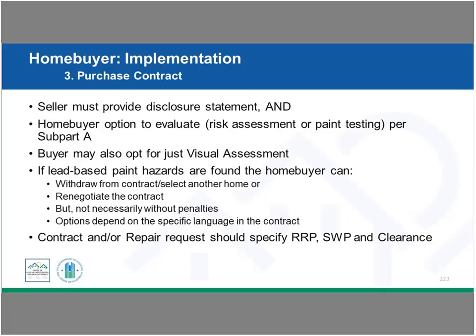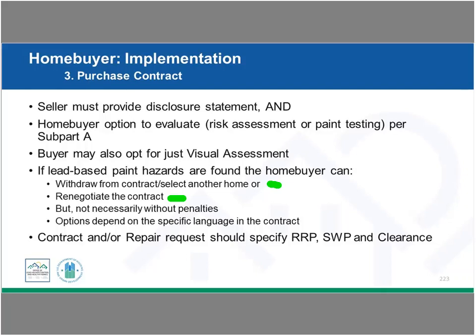Depending on the outcome, the buyer might withdraw from that contract and move on to select another unit. In some cases, there'll be some negotiation with that owner, so the owner may make corrections for those identified unstable surfaces, and clearance testing, which we'll talk about in a moment.